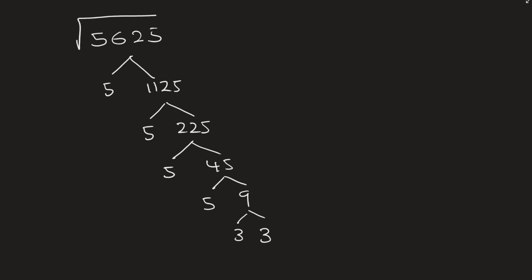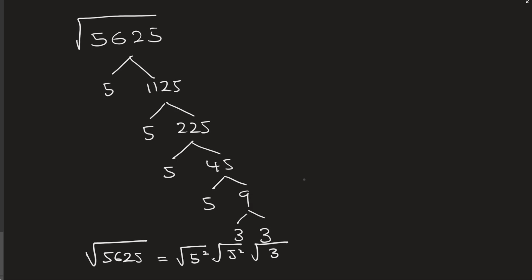The square root of 5625 should be equal to the root of 5 squared, another root of 5 squared, and another root of 3 squared. Now the squares and roots cancel out, so you're left with 5 times 5 times 3, which is 75. And then you can plug it into a calculator and check it out. So that's how we deal with the perfect squares.